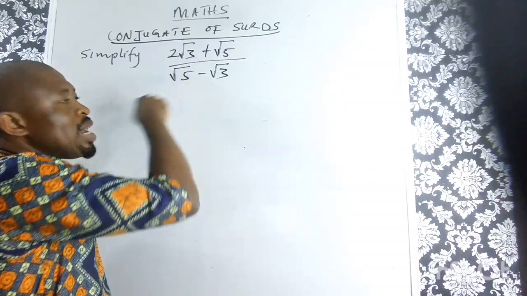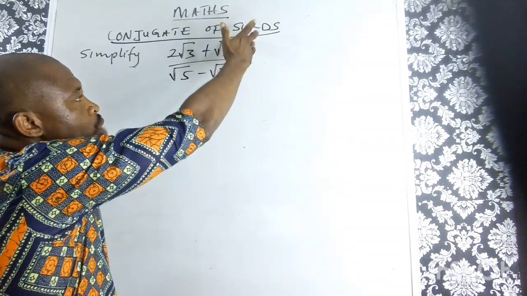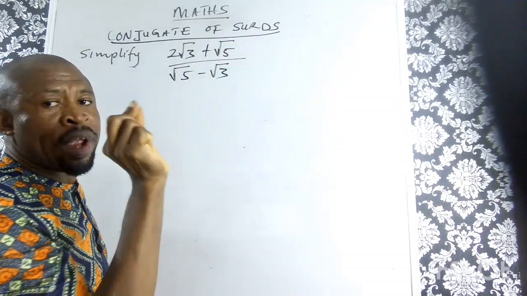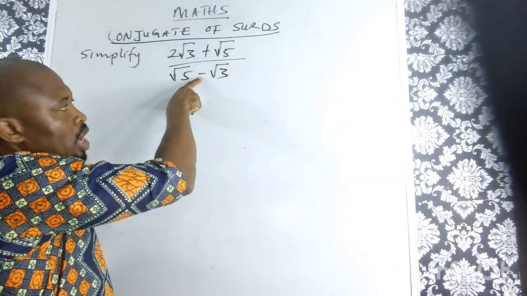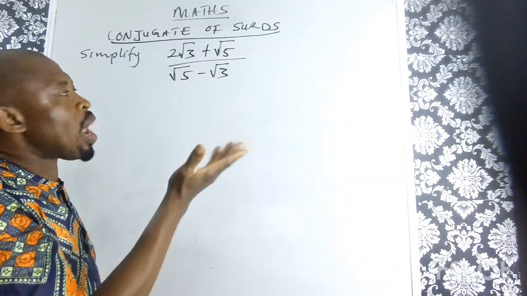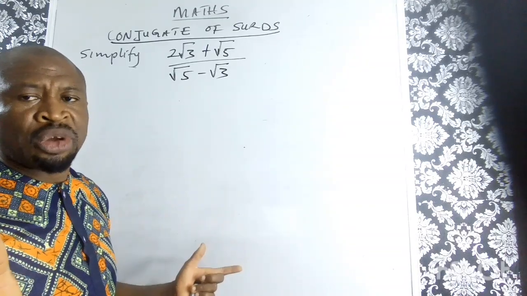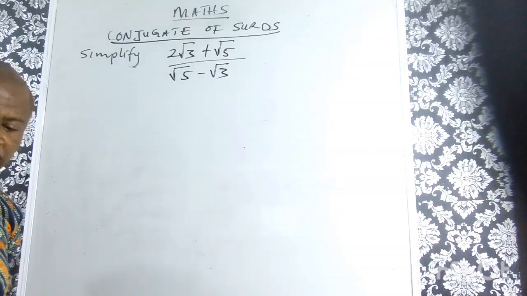Whatever sign you have here, take the opposite of it, and multiply both the numerator and the denominator with the conjugate, which is the opposite of whatever you have here. Most times conjugates of maybe 2 square roots will give you a single number. Now let us see how we can solve this problem.